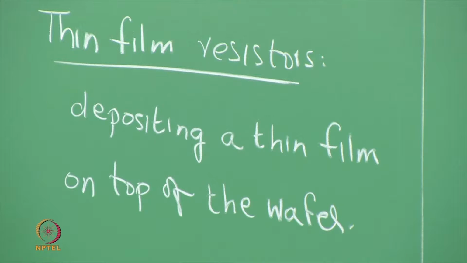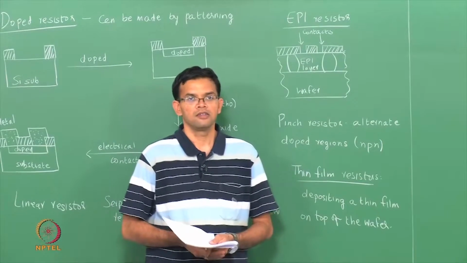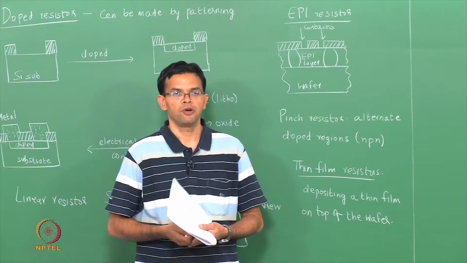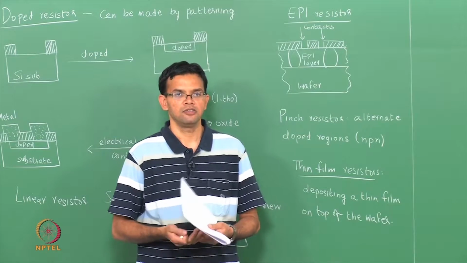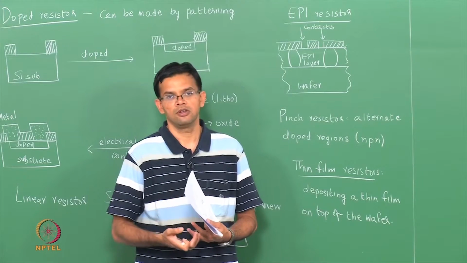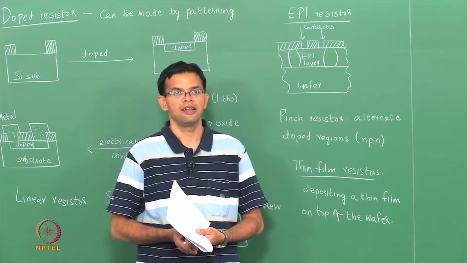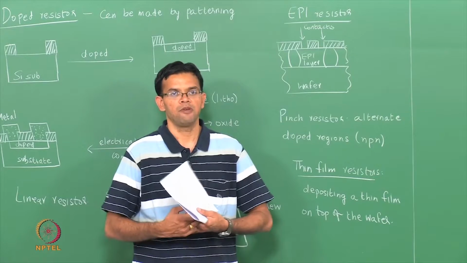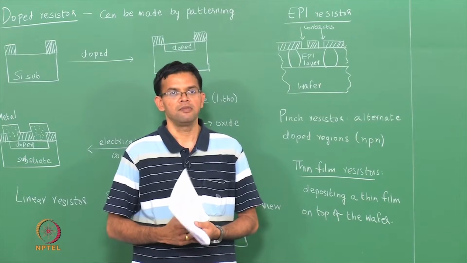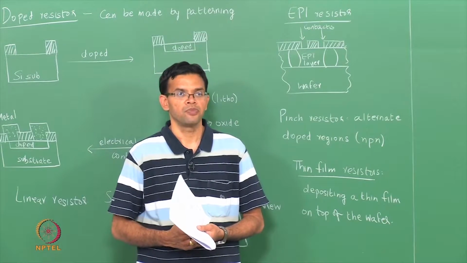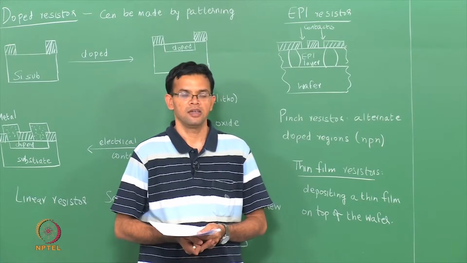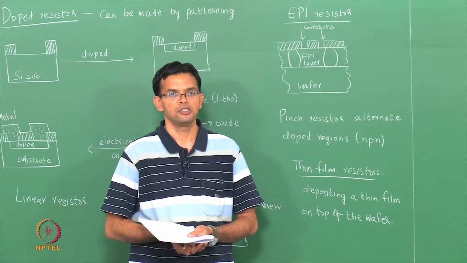So, in case of a thin film resistor, the resistance depends upon the thickness of the film. So, if you are depositing a metal layer, this is usually deposited on top of an insulating layer, could be an oxide or a nitride, and the thickness and the type of the metal film will then determine the resistance of the film. So, these are some examples of various resistors that are fabricated and used in a typical IC circuit.